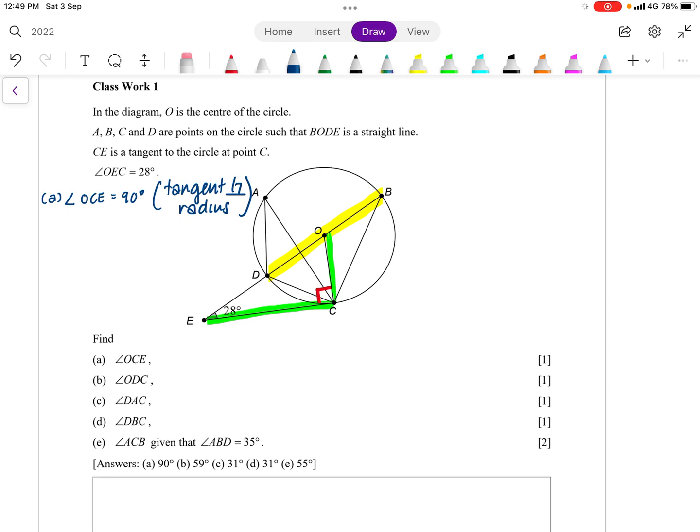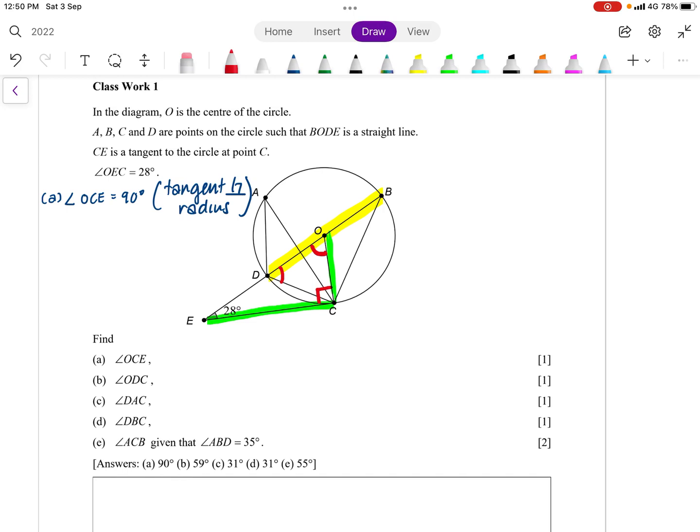Part B, ODC. ODC is here. I have 90 degrees. ODC is part of a triangle ODC. So if I can find DOC, I can find ODC.